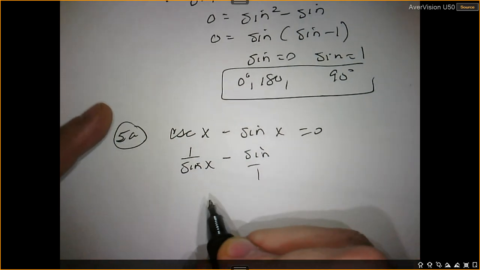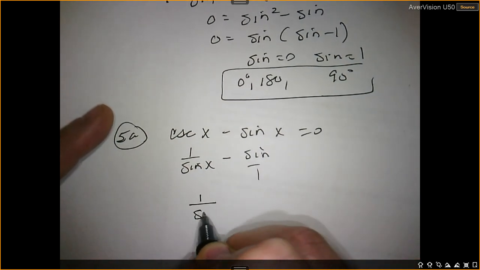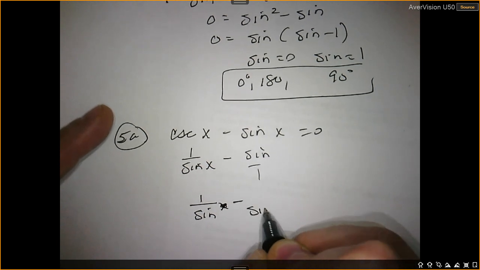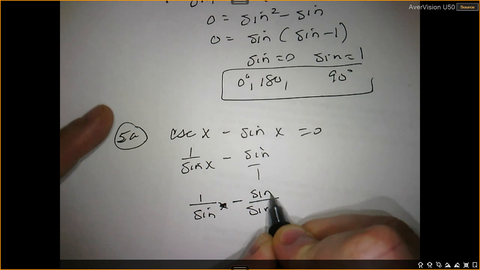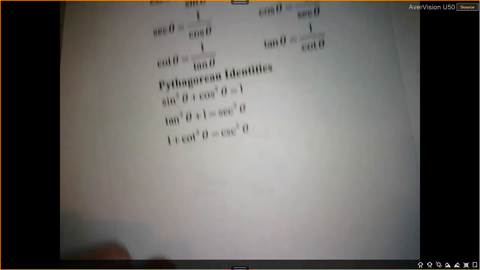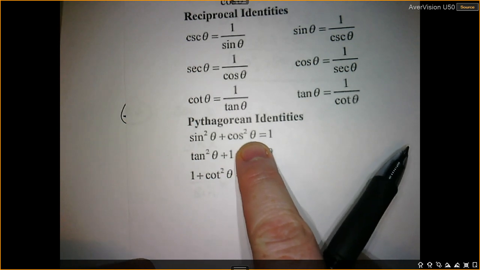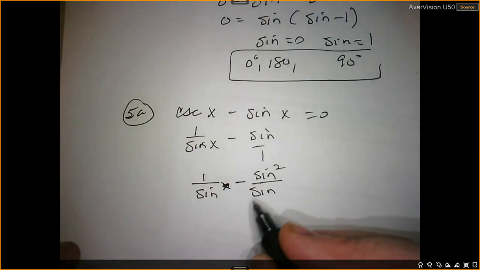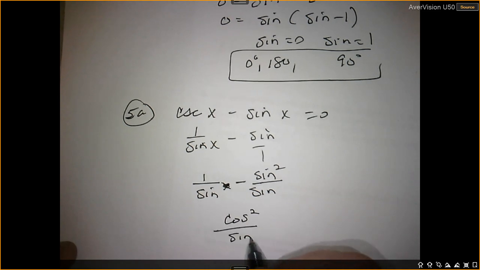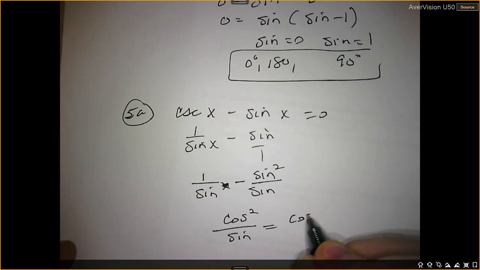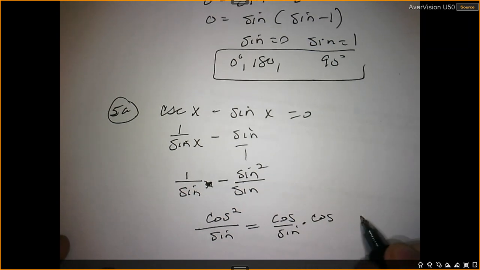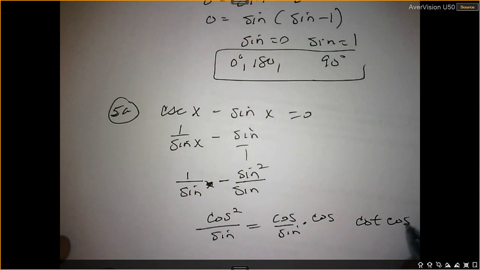The common denominator is sine, so it'll be 1 over sine x, minus sine squared over sine. Then 1 minus sine squared we already know is cosine squared. So it's cosine squared over sine, which is the same thing as cosine over sine times cosine, which is cotangent cosine. That's what I came up with.